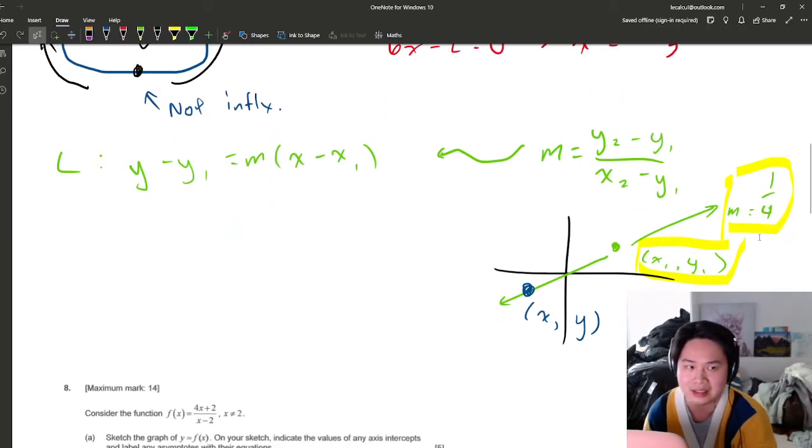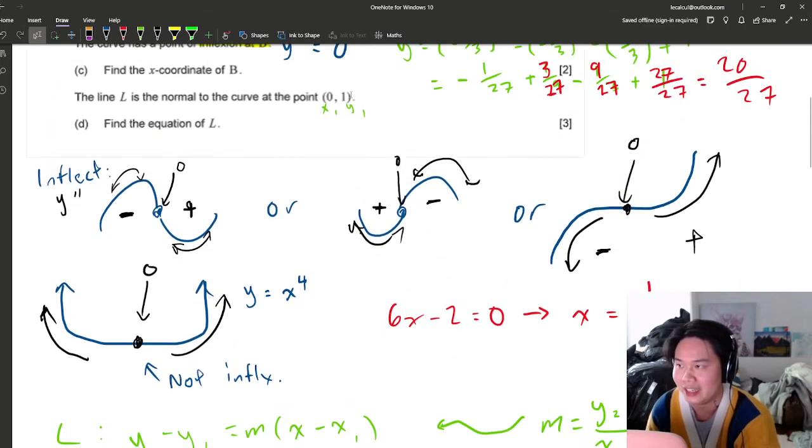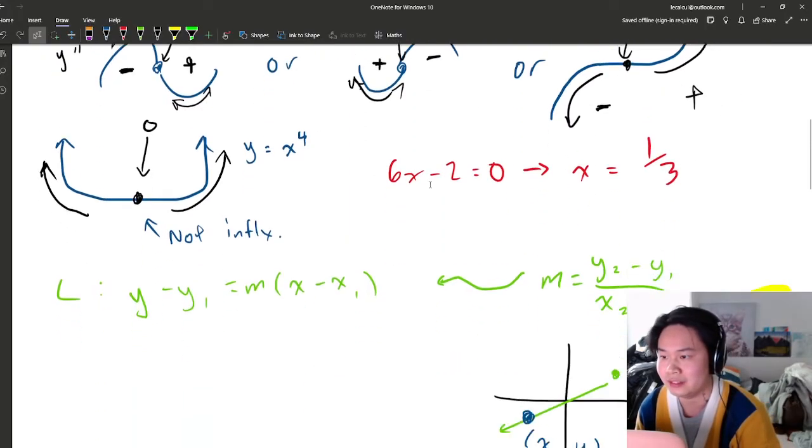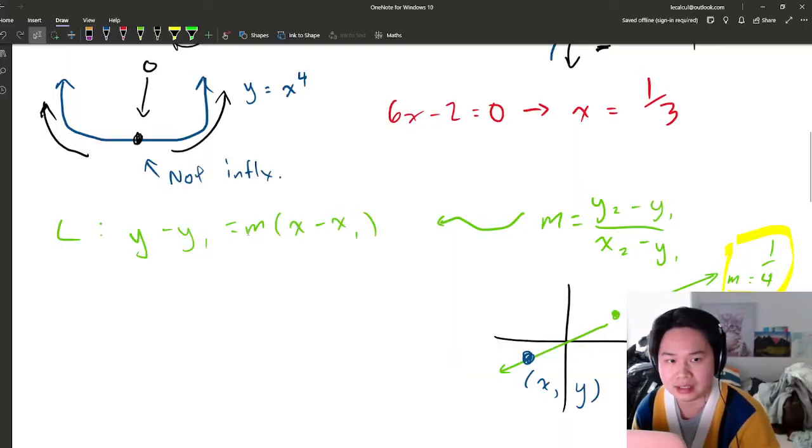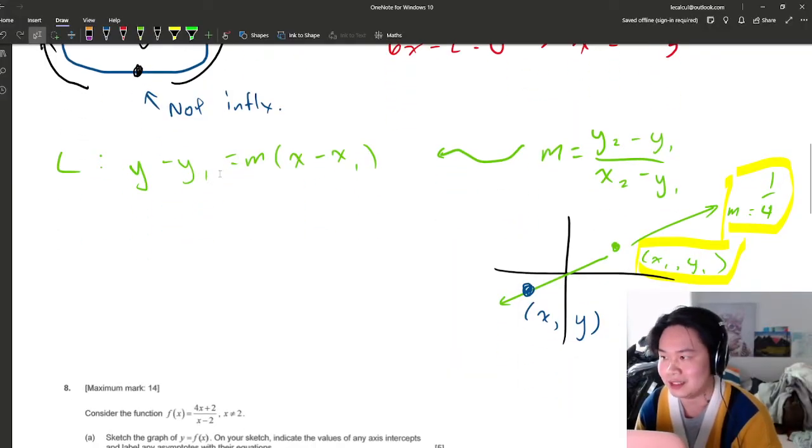Again, the question tells you that they have to happen, right? And you see it gives you a slope. It has to be normal to the curve. So this is always going to be true if you have a specific slope and a specific point.